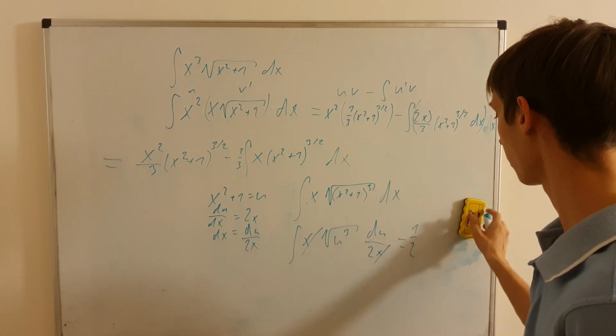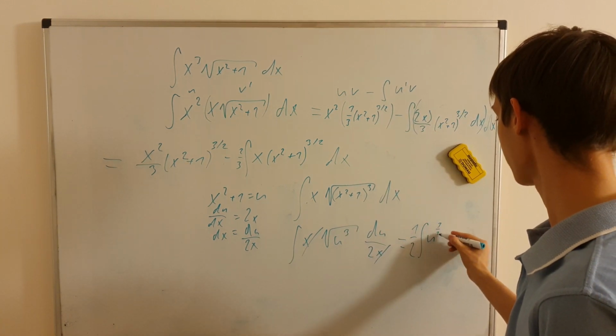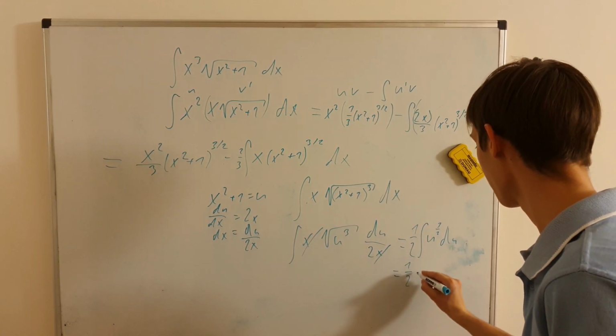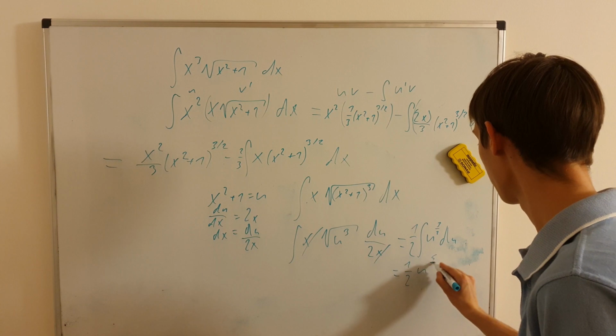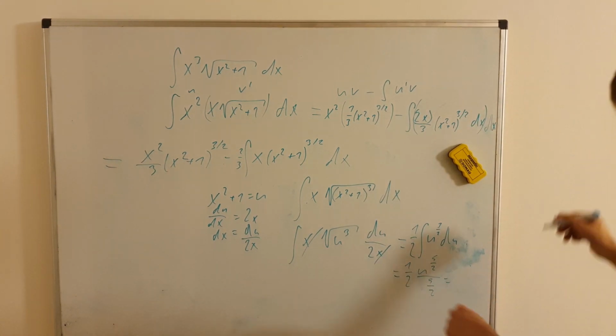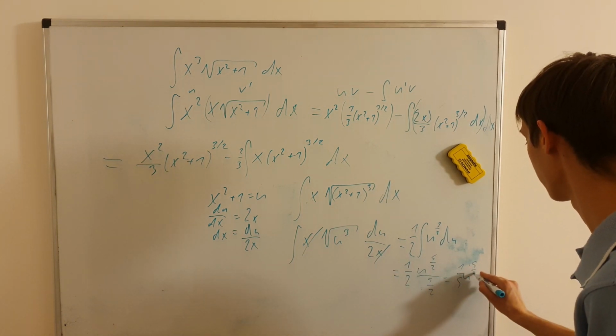What's left again is 1/2 the integral of u to the 3/2 du. And what this will be is 1/2 u to the 5/2 over 5/2, which is 1/5 u to the 5/2.